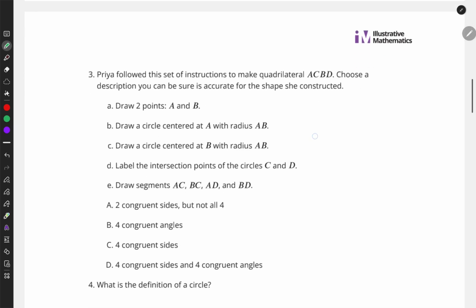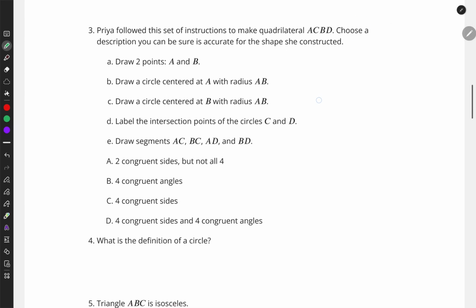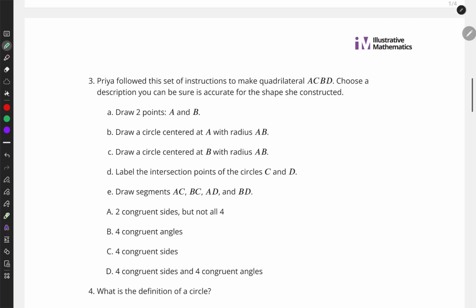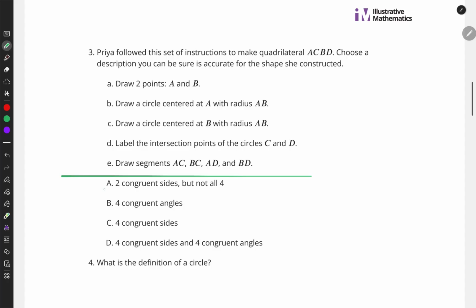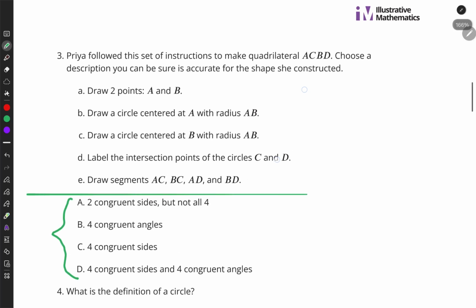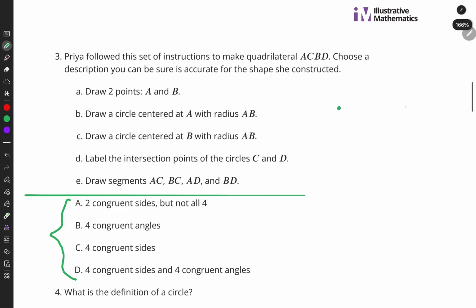All right. Number 3. Okay, so she followed these instructions to make an equilateral triangle. So let me go ahead and draw a line right over here. My multiple choice comes from these options. I'm just going to follow these steps. So she drew 2 points, A and B. Check.